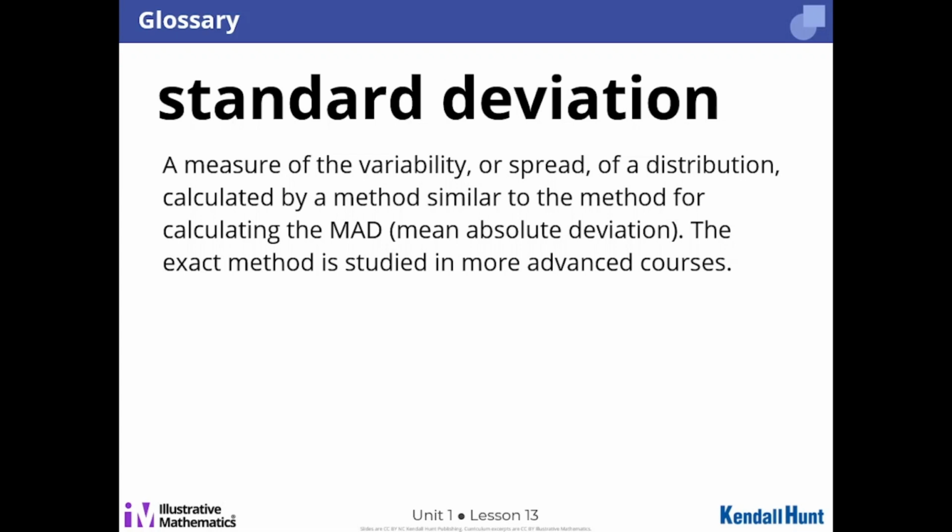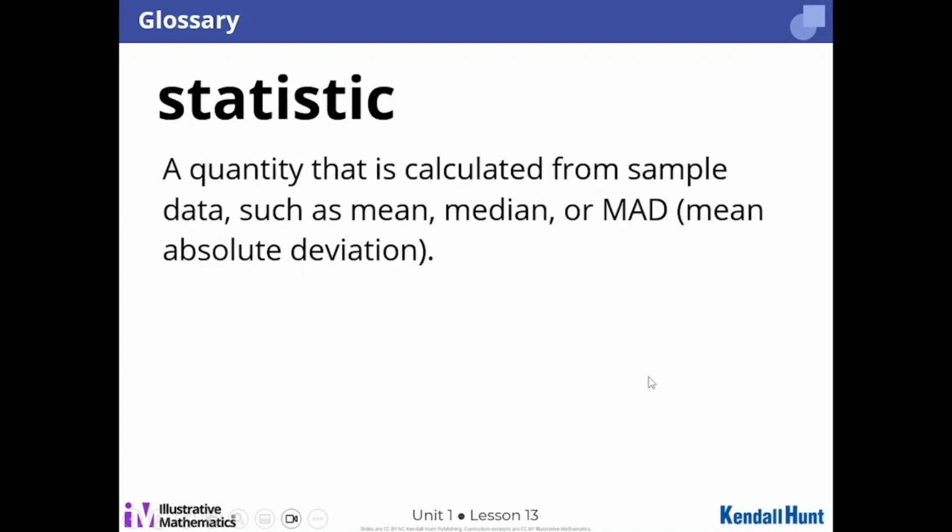The exact method is studied in more advanced courses. Our next vocabulary term is statistic. This is a quantity that is calculated from sample data such as mean, median, or MAD, mean absolute deviation.